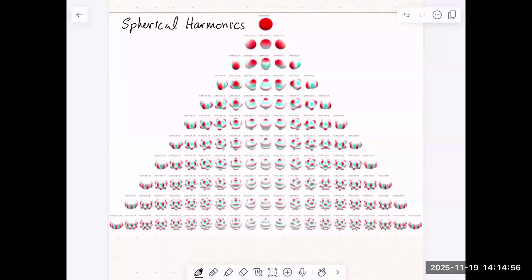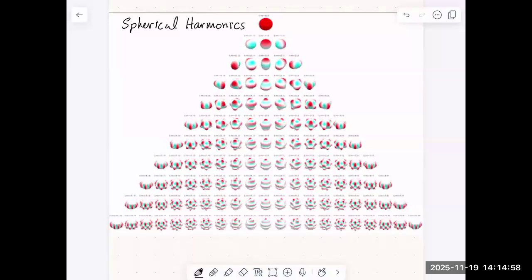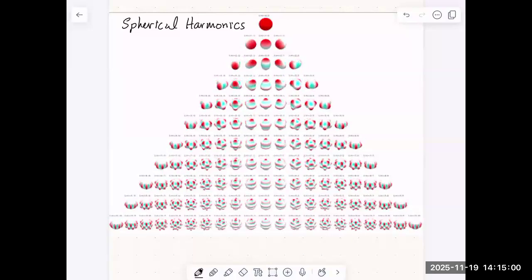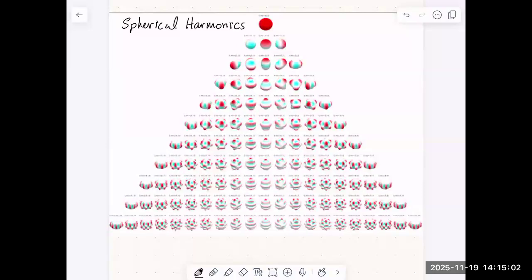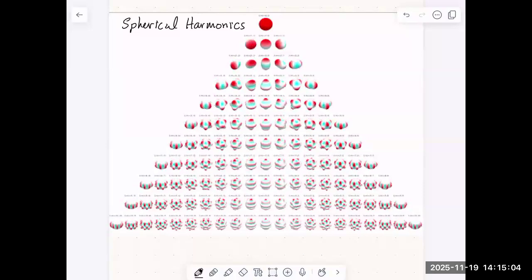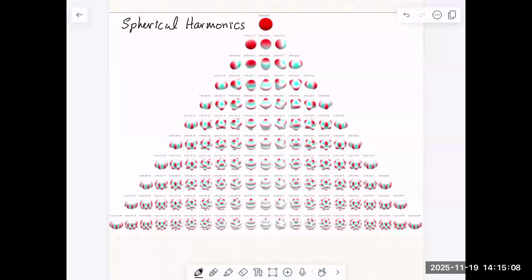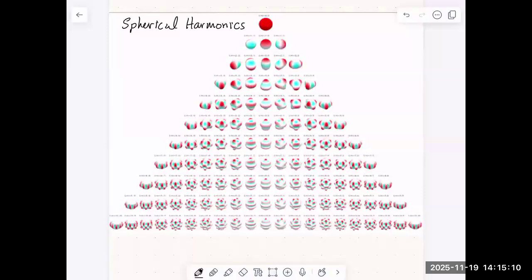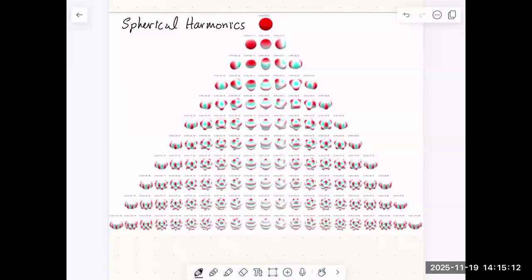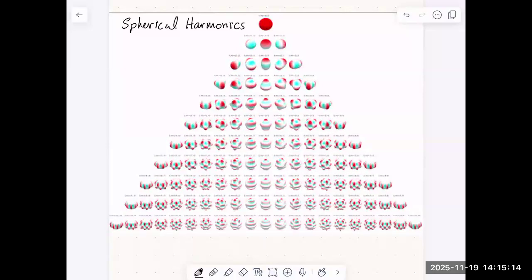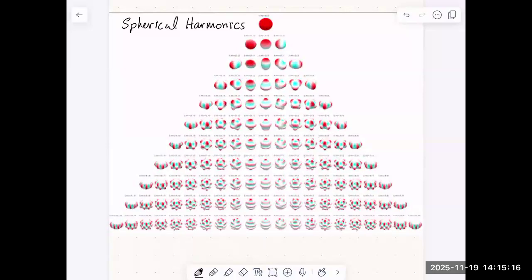And so if you look at it, when you get to higher L, the wavelength of this standing wave structure gets shorter. We're going to find that as you go higher in L, that's going to correspond to higher values of orbital angular momentum.